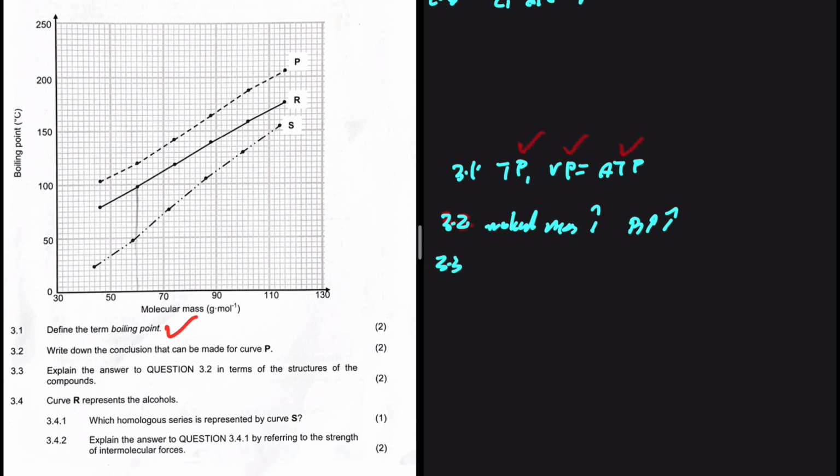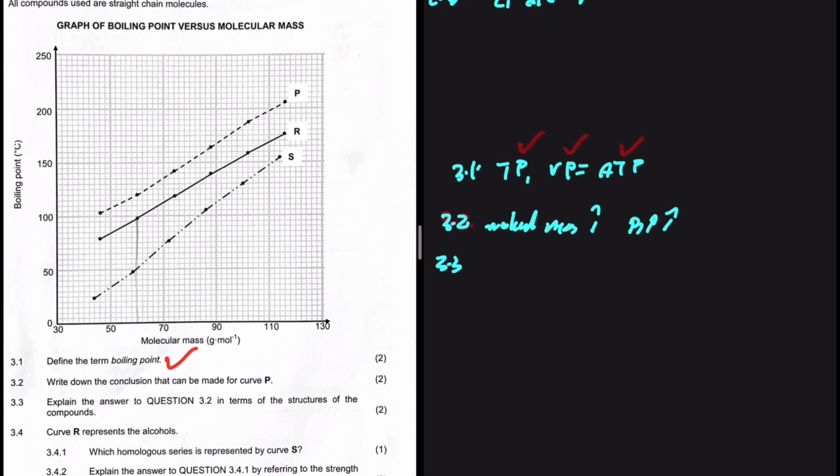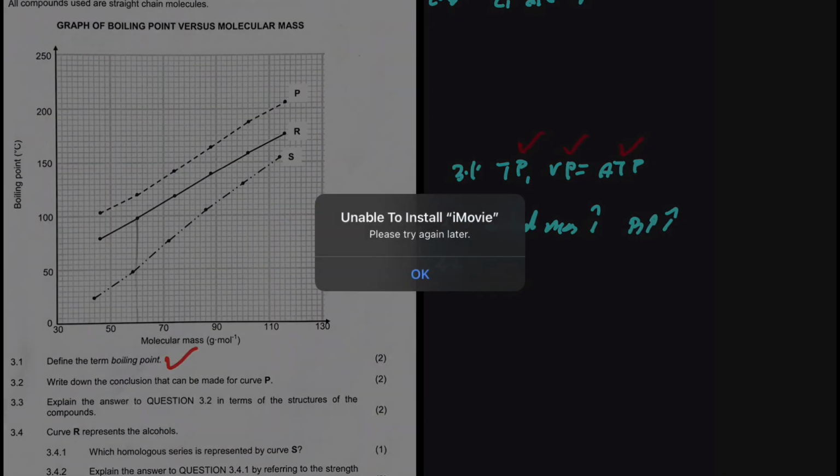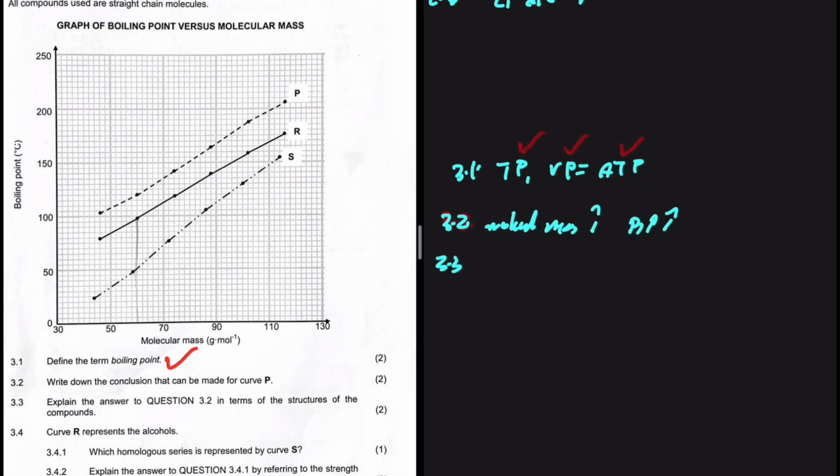3.3. Explain the answer to question 3.2 in terms of the structures of the compounds. Okay, so now we actually have to justify why we are saying that as the molecular mass increases, the boiling point increases. So let's go ahead and try doing that.